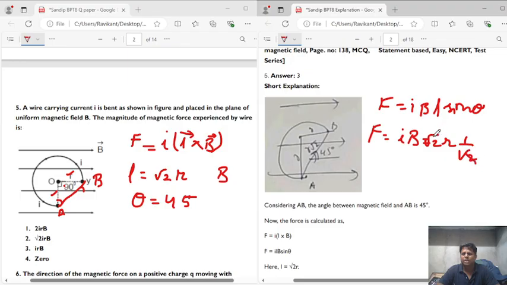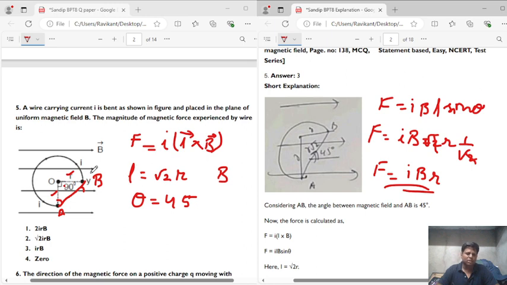So this root 2 and root 2 cancel out. We get F equals I B R. So the force experienced by this conductor will be equal to I B R.